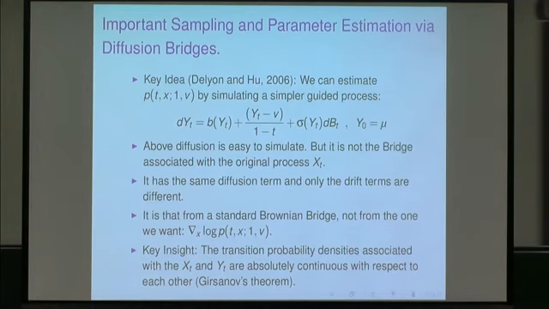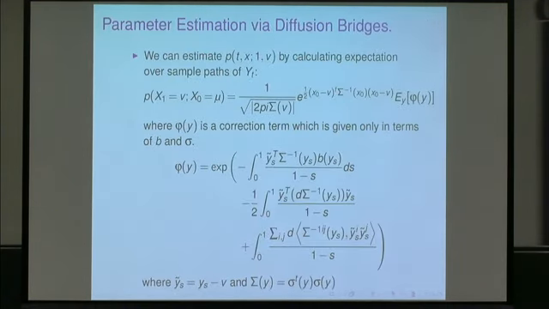Since they are absolutely continuous with respect to each other, we can use the simpler Brownian bridge to estimate exactly what this transition probability density is, and we can write that as your standard Gaussian probability distribution corrected by an expectation that only depends on the sample path of your modified process y, not on the original process that you're trying to estimate. So this is a really key insight.